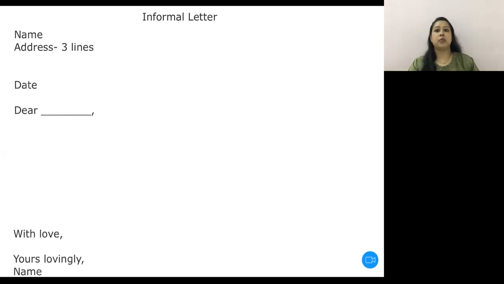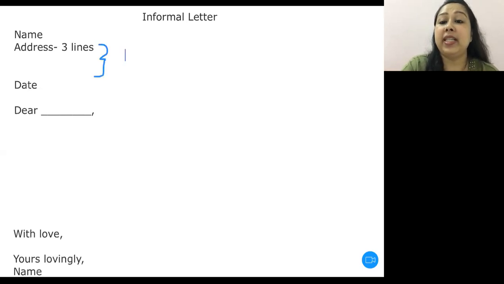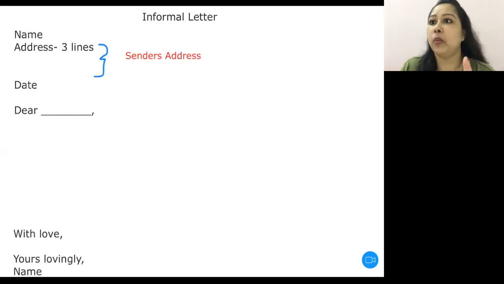Now, this is specifically the format for SSC. You begin with name. You have a 3-line address, and this address is surely your address. So this is called the sender's address. Correct?